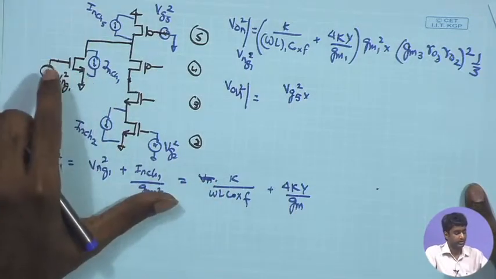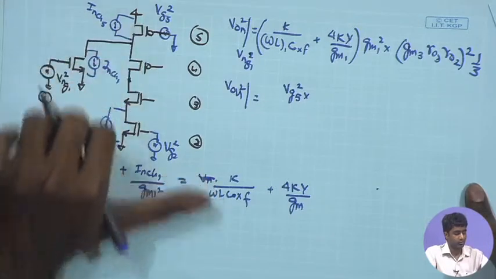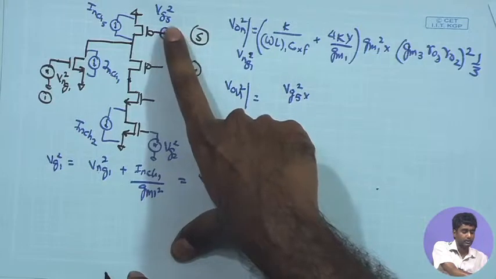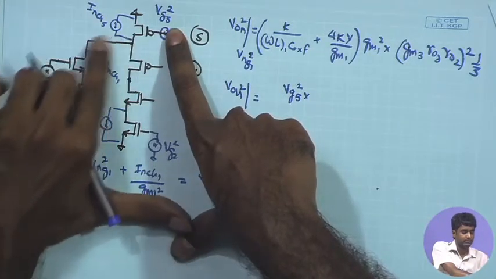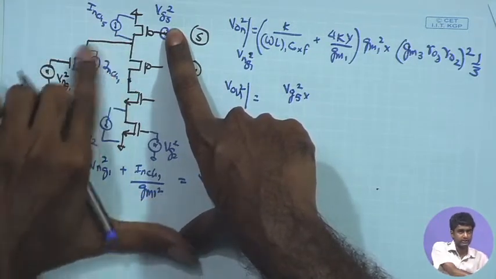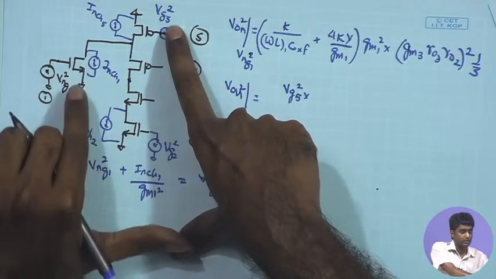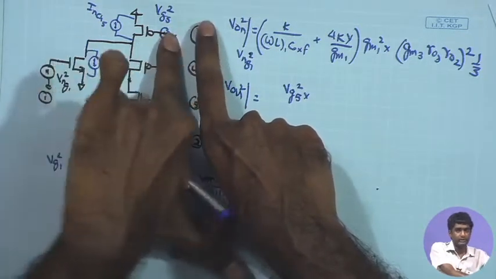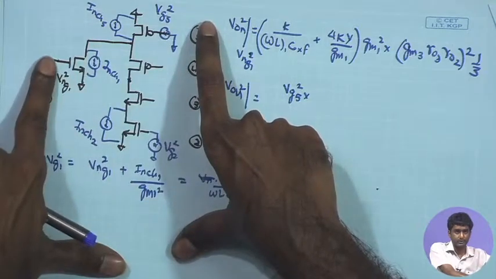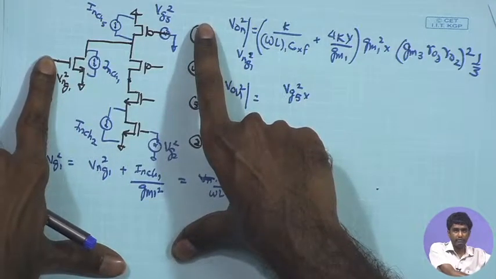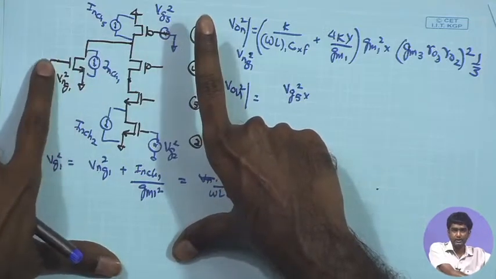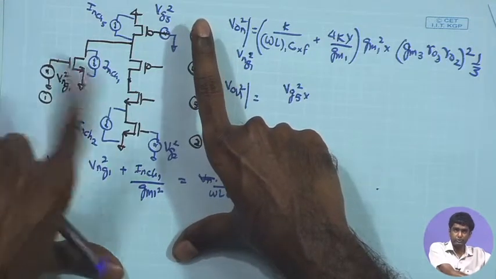Now, once again, if we look at the overall operation, if I am looking at the gate voltage of this one, what is the impedance provided by this? We have just discussed while discussing the common mode response. So, there I will not treat this as AC ground, because if I am looking at the signal over here and putting the signal at the gate of M1 at AC ground, that means both the input signals at AC ground, and after that we have another current source which is also at AC ground.